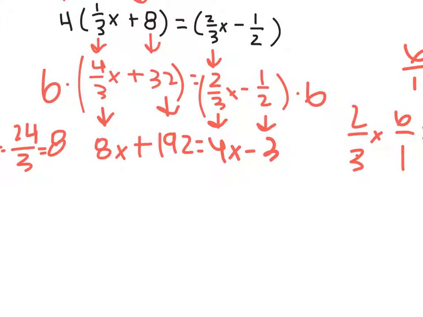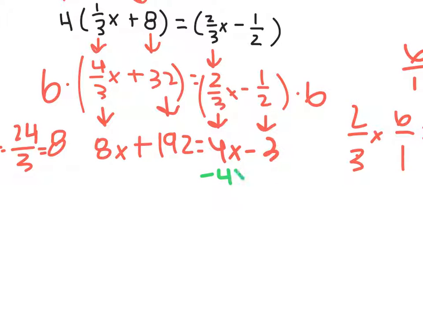So now that we have all that, we are going to combine like terms. So when we're combining like terms, that means that we're going to put the variables together and we're going to put the constants together because those are like terms. So to bring 4x over to this side, we have to take it away from this side.